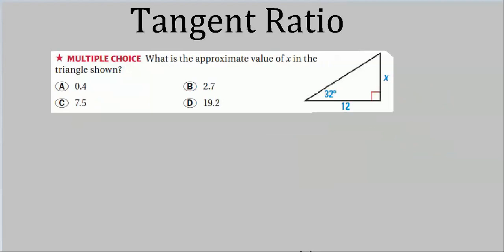And here's another fairly simple application of the tangent ratio. What is the value of x? Well, remember the tangent of this angle is opposite over adjacent. So that's x over 12. And that's equal to the tangent of 32 degrees.